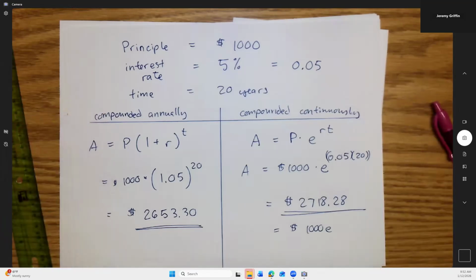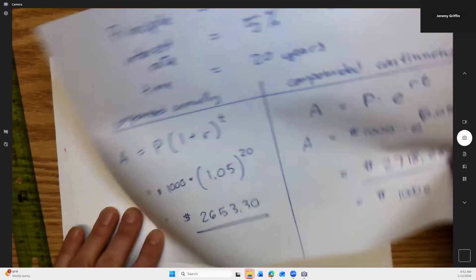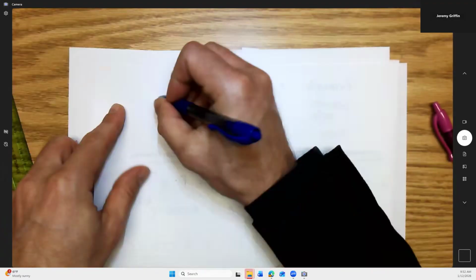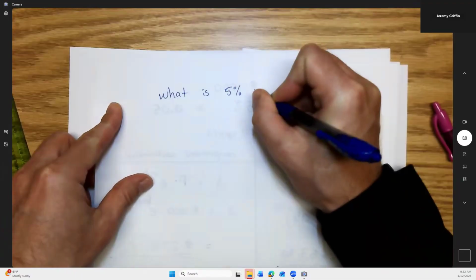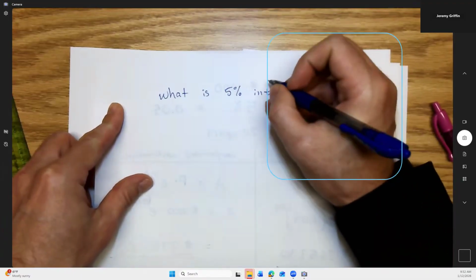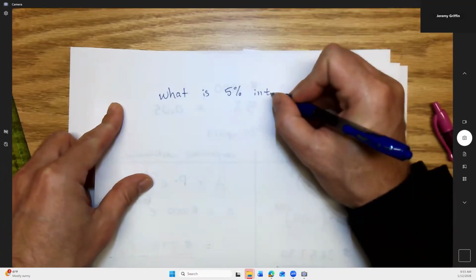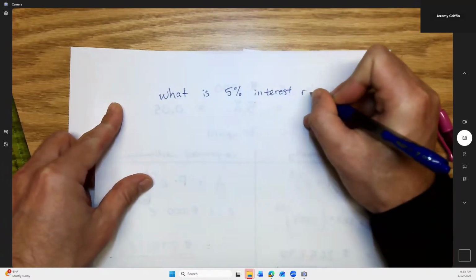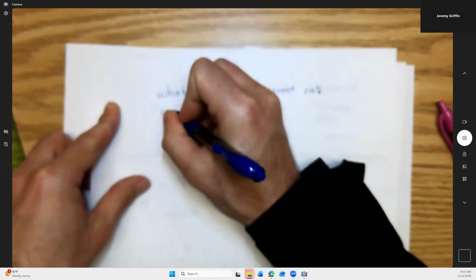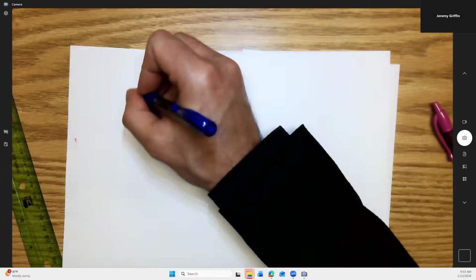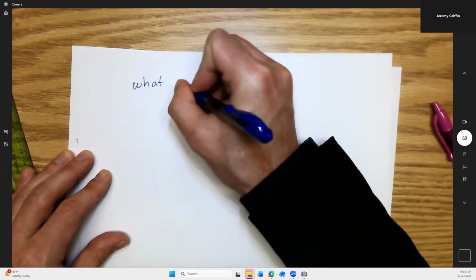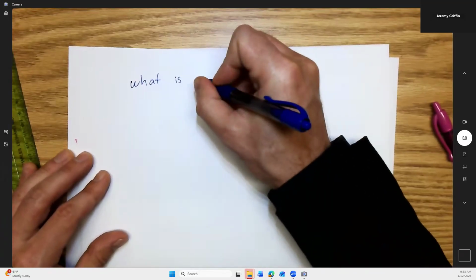Because they could have advertised a slightly higher interest rate and just said annualized. So that leads me to the next question. Well, here, let me rephrase the question. What is the equivalent?